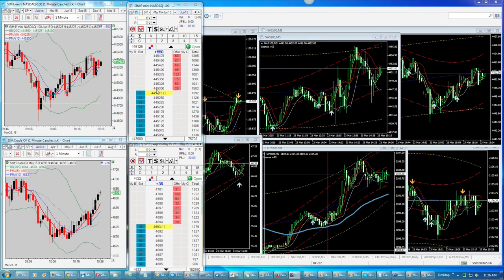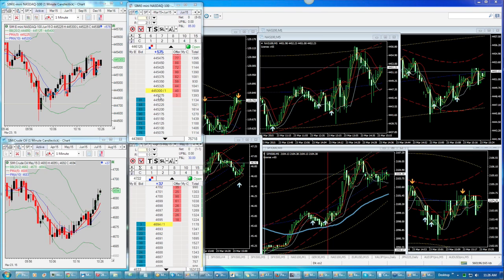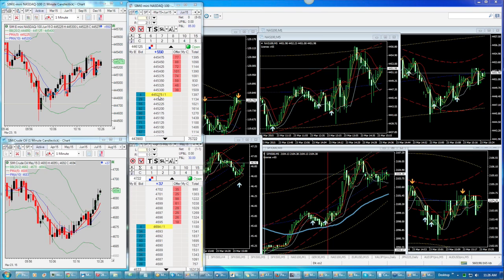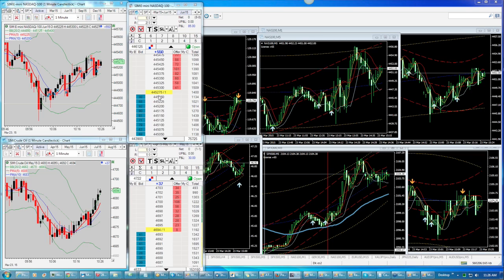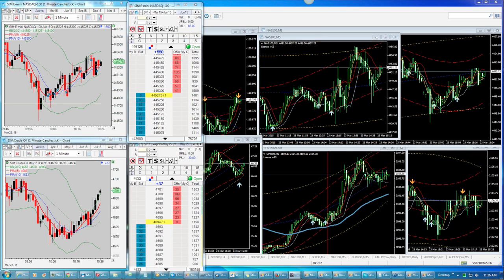You don't want to get caught on a bigger move. Definitely seems to be basing, so it wants to get going to the upside. Yeah, you could see how it's just trickling higher.